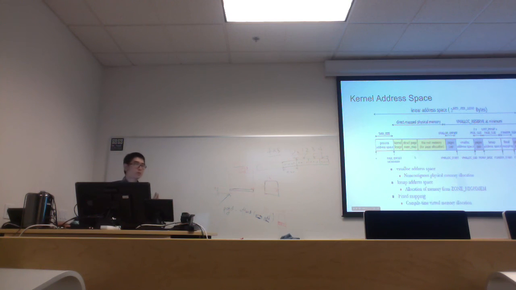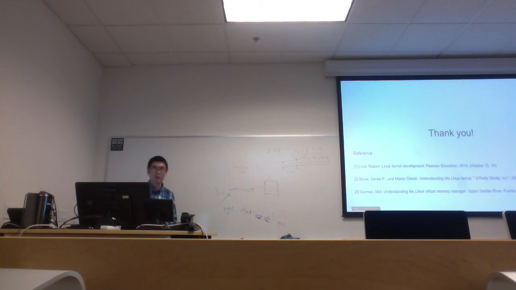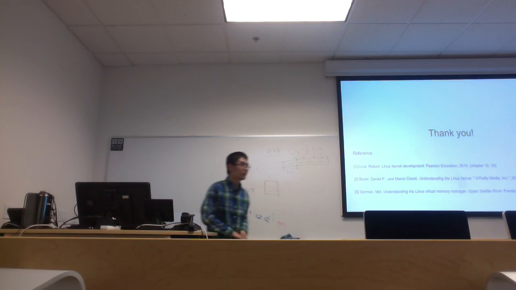There are different types of segments that the kernel uses, like the mapped kernel image, the linear mapped address space, the vmalloc mapped address space, the kmap mapped address space, the fixed address space, and so on. And if you are interested, you can read the book Understanding the Linux Kernel. It explains something here. We will not talk in detail. Okay, that's it. Thank you.